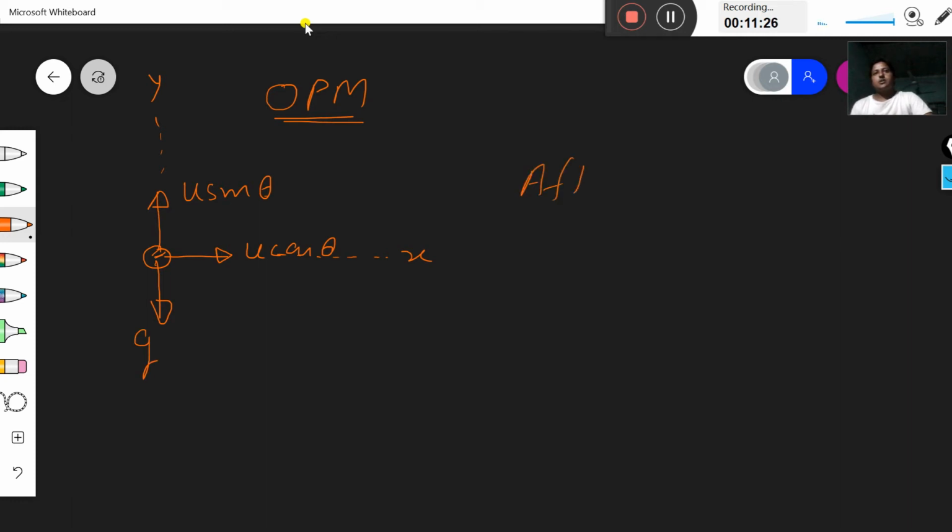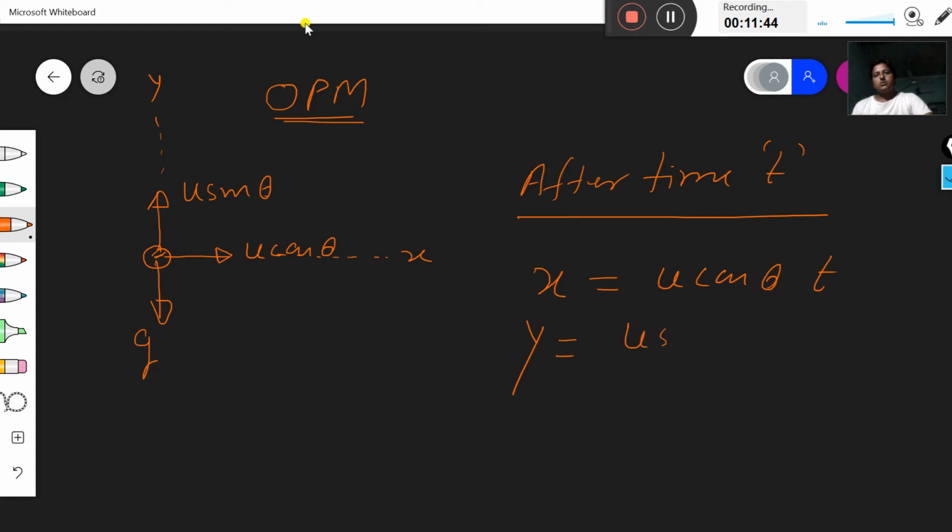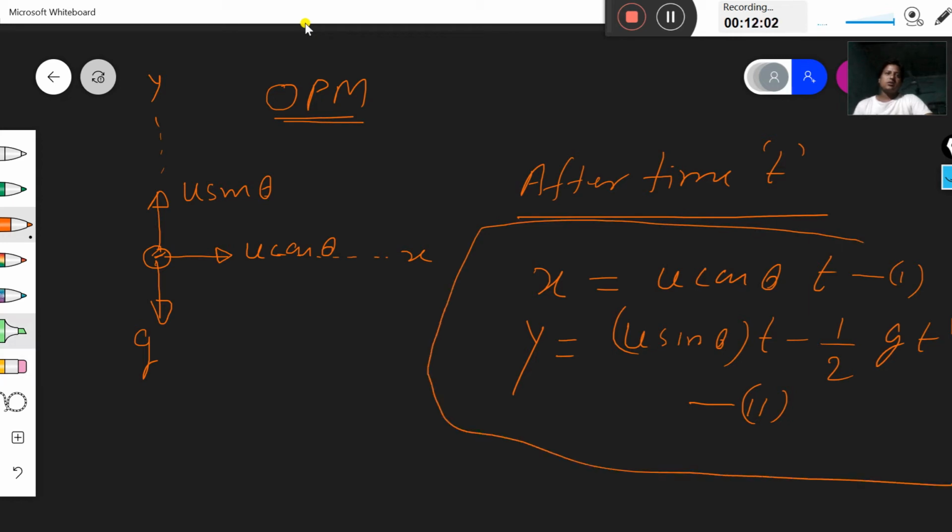After time t we can calculate x equals to u cos theta into t, and after time t we can calculate y of the body, u sin theta into t minus half g t square, as motion is non-uniform. So there are mainly two equations regarding oblique projection.